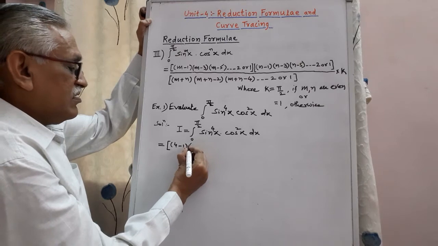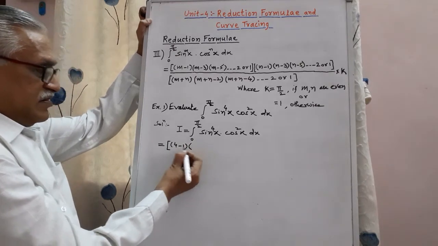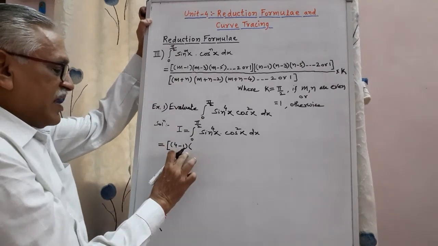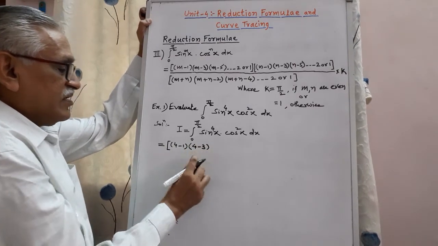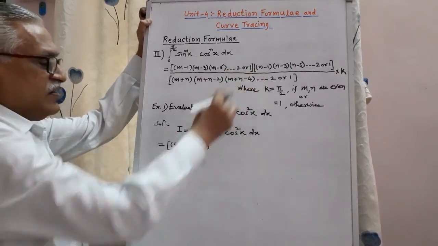Next, subtracting 2 from this bracket, next is 4 minus 3. 4 minus 3 we get last term as 1. Stop here.